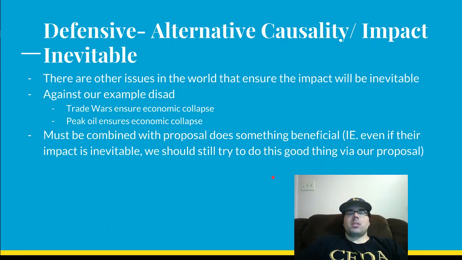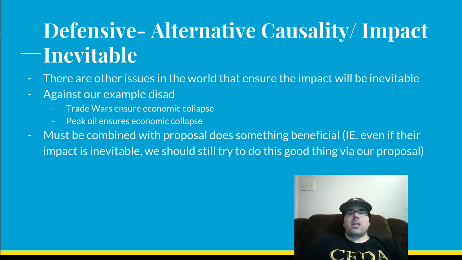Another type of defensive argument is an alternate causality or impact inevitable argument. And these arguments simply say that because of other things that are taking place, i.e. trade wars or peak oil, that economic collapse is inevitable.